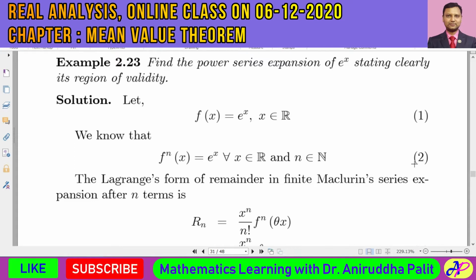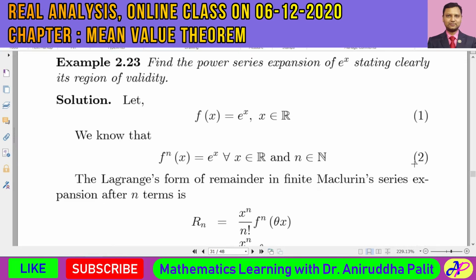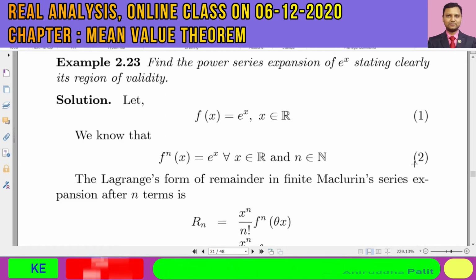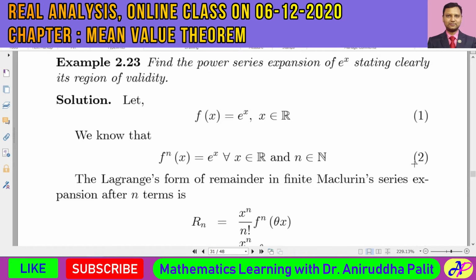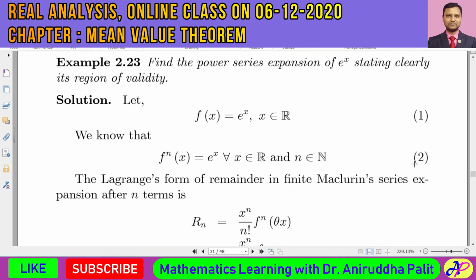Sometimes in this kind of problem, the infinite series expansion remains valid for all values of x. If it is valid for all values of x, then we should say that the expansion of the function is valid for x varying from minus infinity to plus infinity. But in some cases, the expansion is not valid for all values of x.